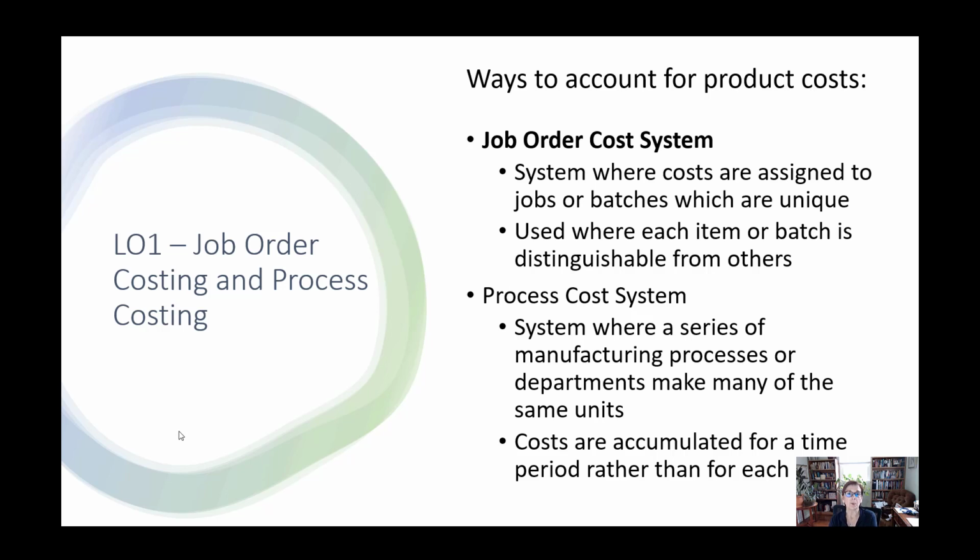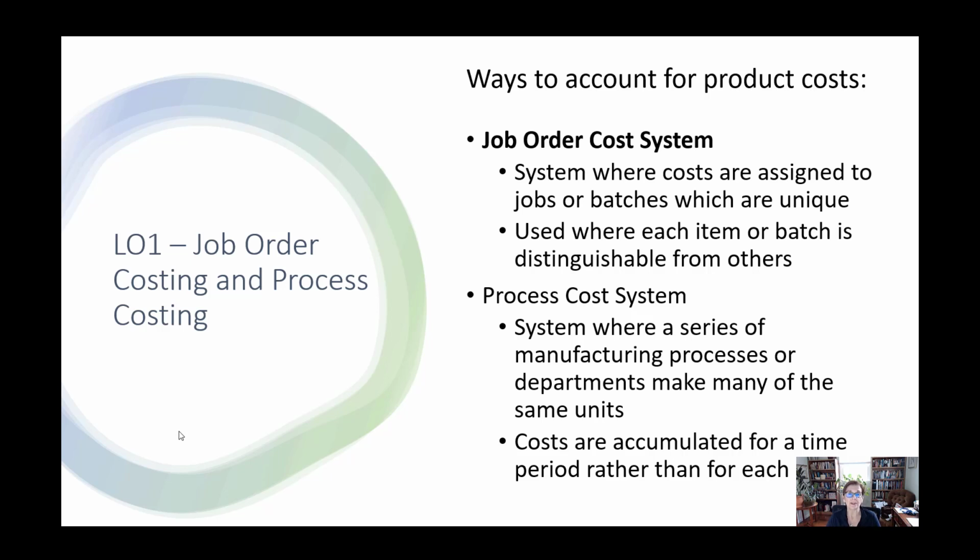A good example would be a printer. So think about the printer that printed your textbook, if you have a paper textbook, or even a printer who prints things like wedding invitations. Each job is different from every other job, and they want to keep track of how much the costs were on that particular job.